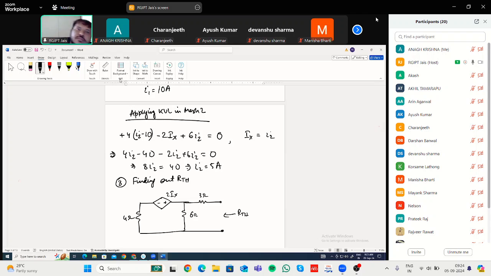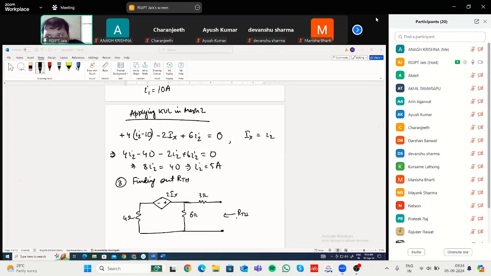Six ohm, I think 6 ohm is correct. Yes, 6 ohm. So you have to connect some kind of a source. There are other methods also, we will see the other methods of finding out this RTH when there are dependent sources.